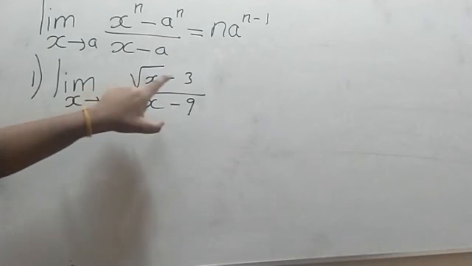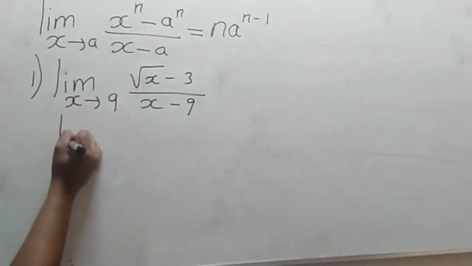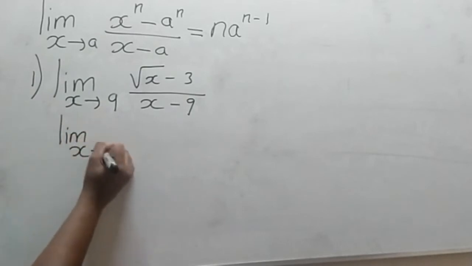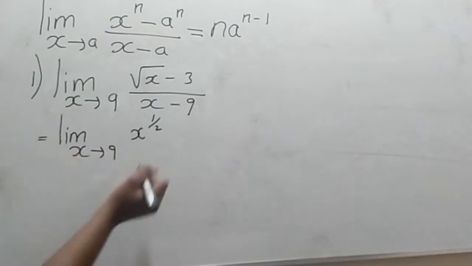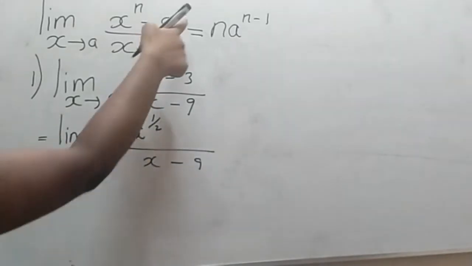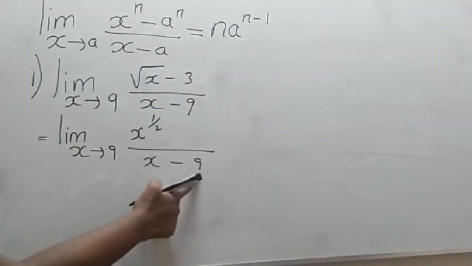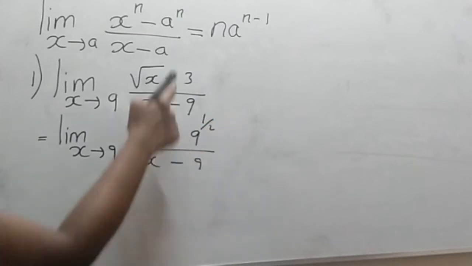Here we have root x minus 3. Root x you can write as limit of x tends to 9, x to the power half. Isn't it? Yes. So if there is x to the power half here, a to the power something. What is our a? 9. Then 9 to the power half. Yes, 9 to the power half is 3 now.